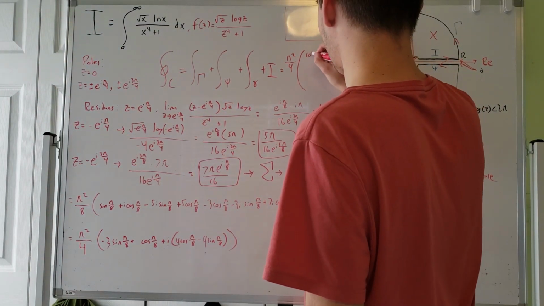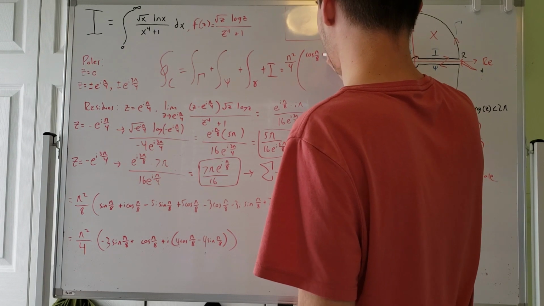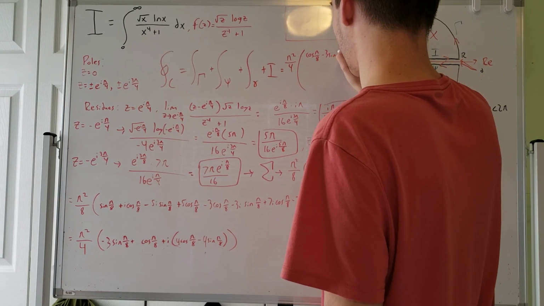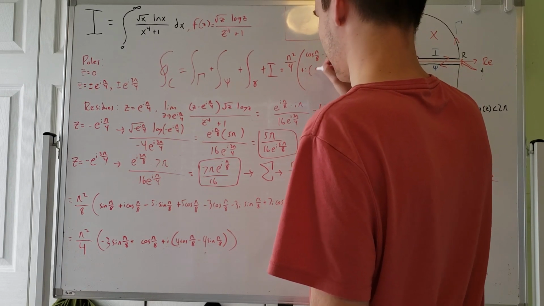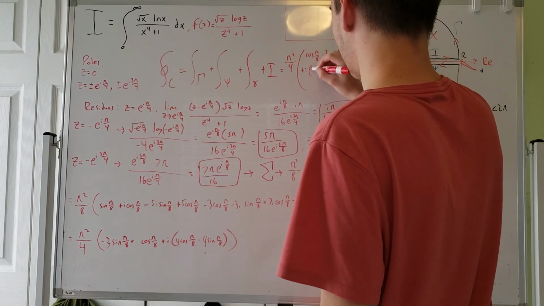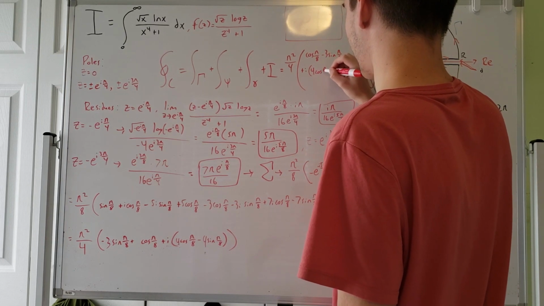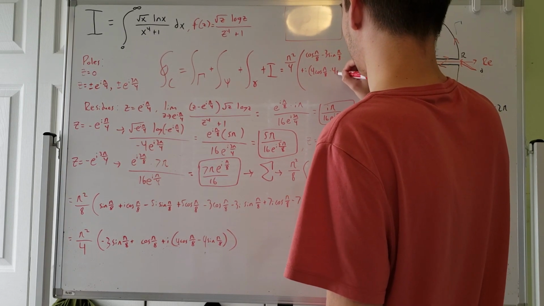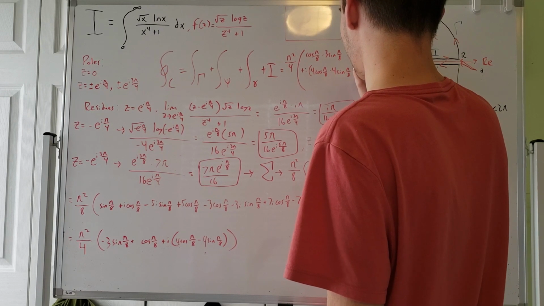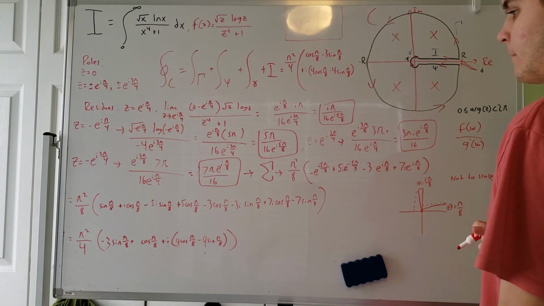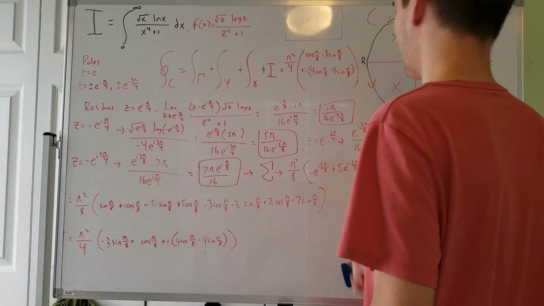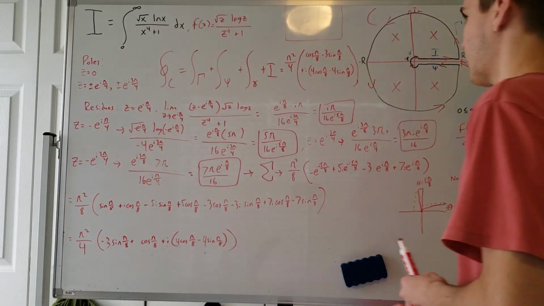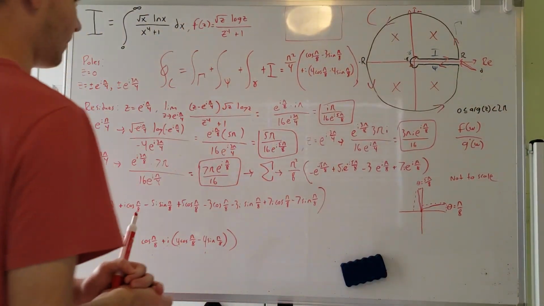We're going to have cosine pi over 8 minus 3 sine pi over 8 plus I times 4 cosine pi over 8 minus 4 sine pi over 8. Cool. So that's what this entire contour integral will evaluate to.